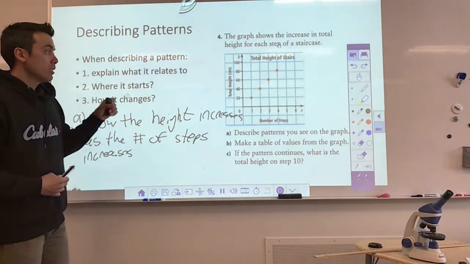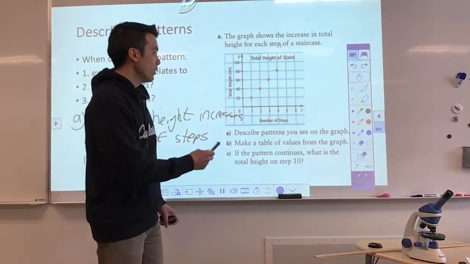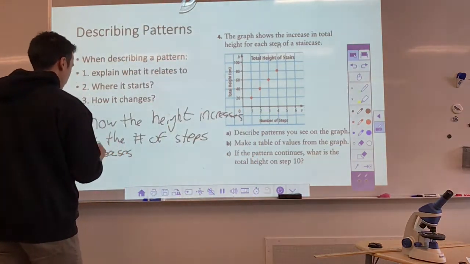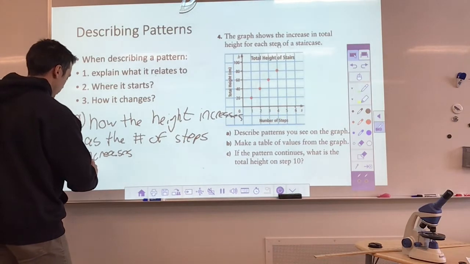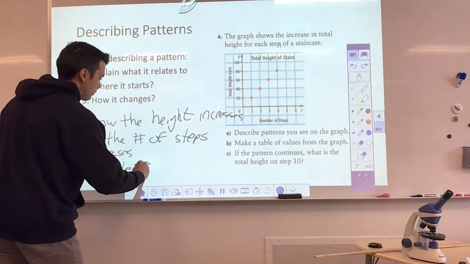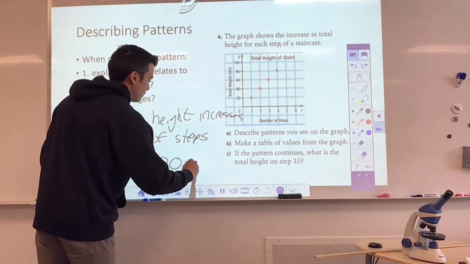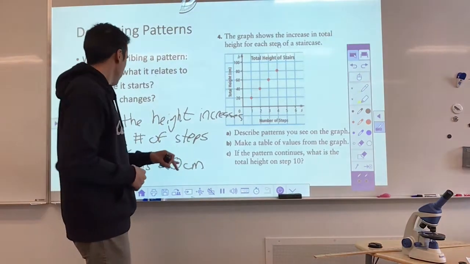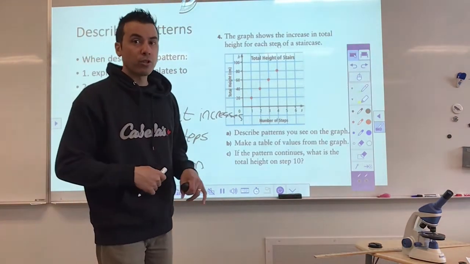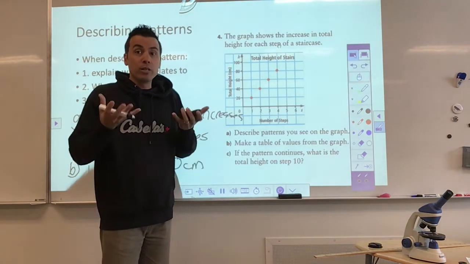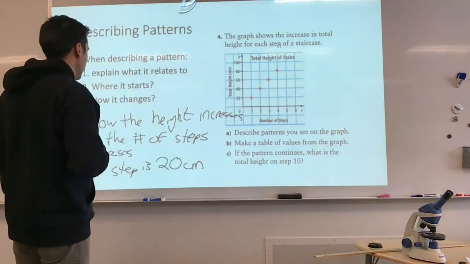Where does it start? I'm looking at my first data point. It starts at the first step being 20 centimeters. How it changes is the third thing I want to describe. It looks like for every step, my height increases by 20 centimeters.